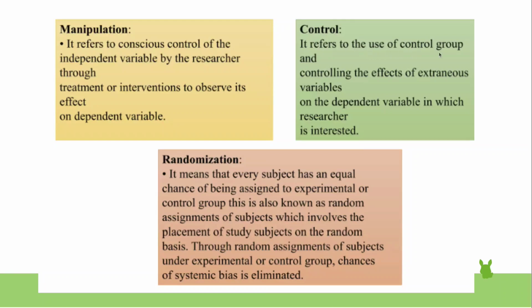Control refers to the use of a control group and controlling the effects of extraneous variables on the dependent variable in which the researcher is interested. So, having a control group. In some studies, researchers select two groups: experimental group and control group. In the experimental group, they provide music therapy to those patients and they check how it is affecting their anxiety levels.